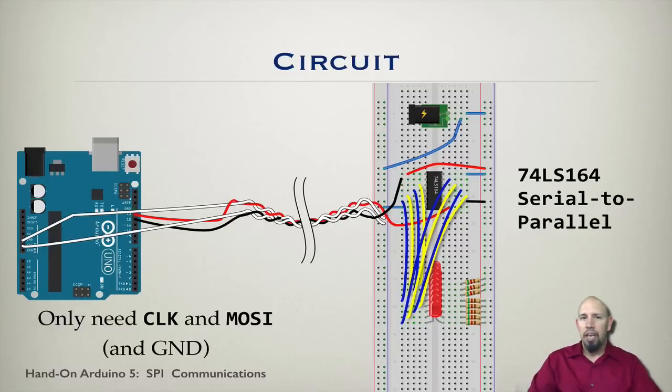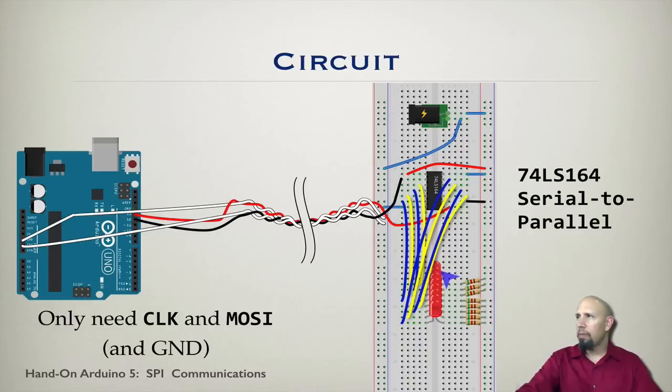So that gives you the idea that you can go a certain distance, and of course, the longer the distance you go, the more likely you are to have communication difficulties. But at this distance, it's not a problem. Communication goes fine. So here I can connect these lines directly up to the Arduino.